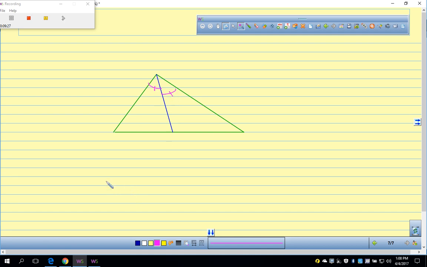All I tell you is that this side over here is 6. This side is 8. This whole side is 10. Which would make this a right triangle, by the way. Because it's not really proportional.